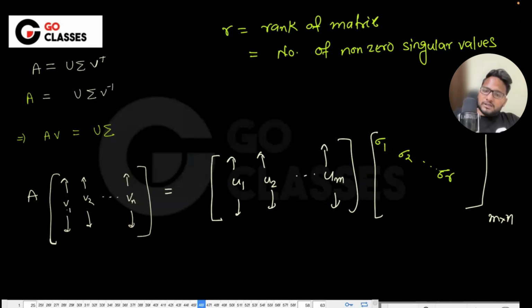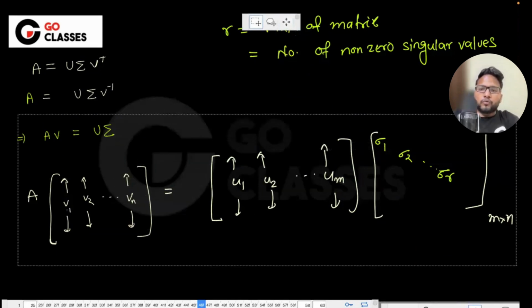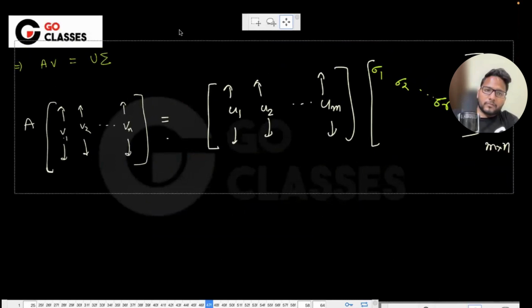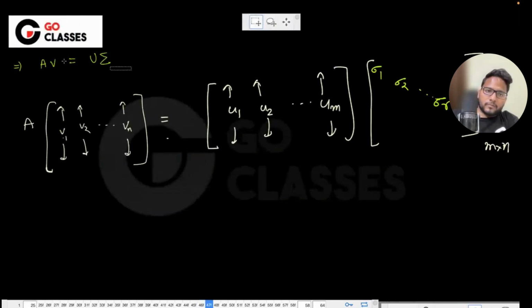Now, let's go to the next page and see what we can do from here. Let's just multiply this. Do you recall that this will be the same as A into V1?